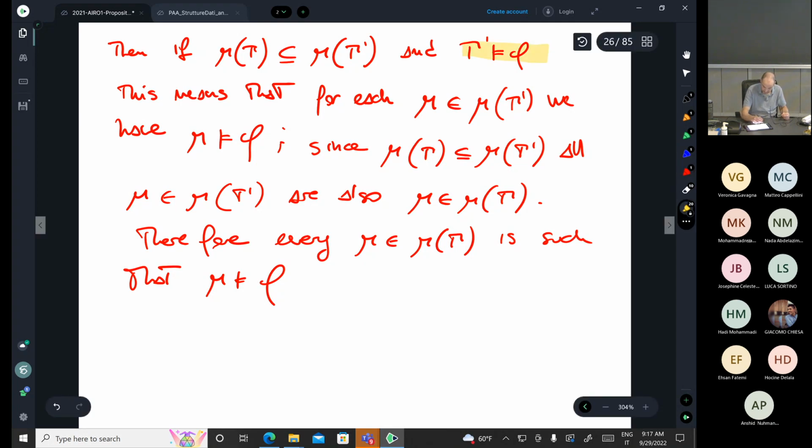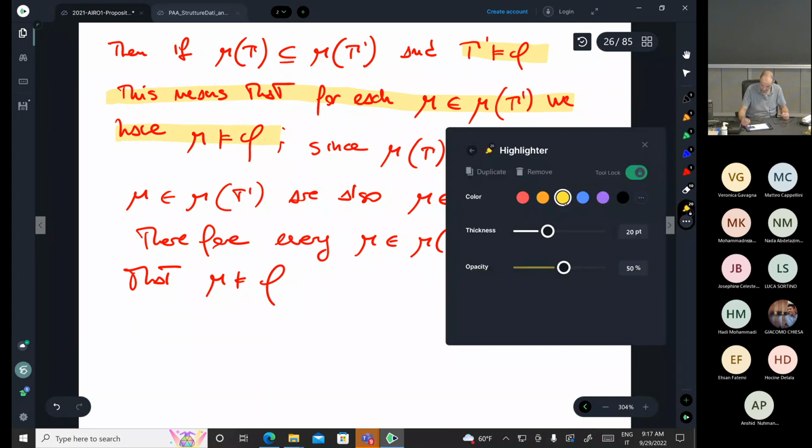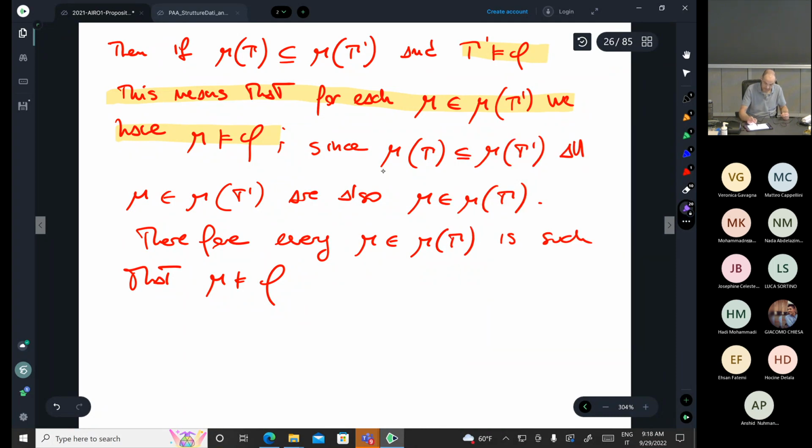This is one part. But since we have that mu of gamma is contained in mu of gamma prime, remember, when we add formulas, we have fewer models.